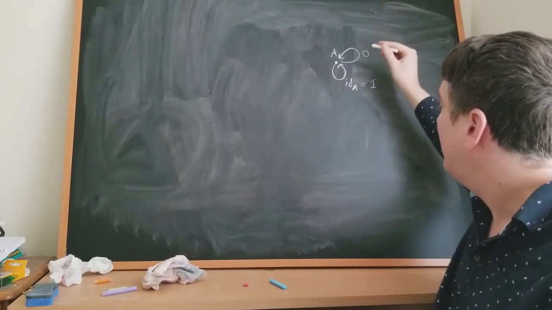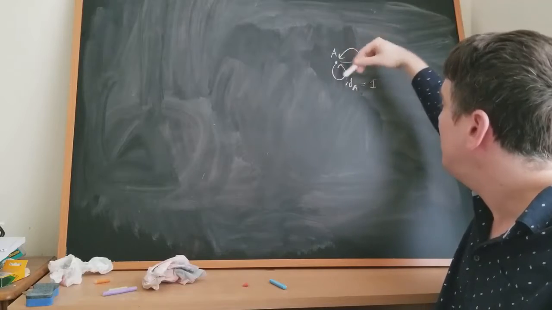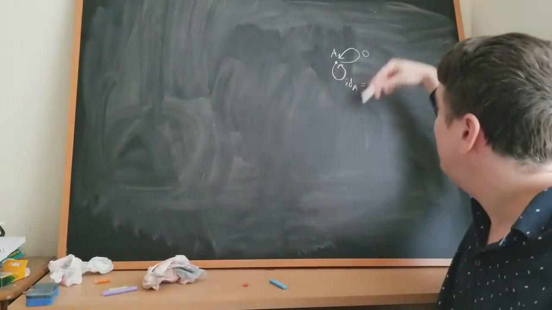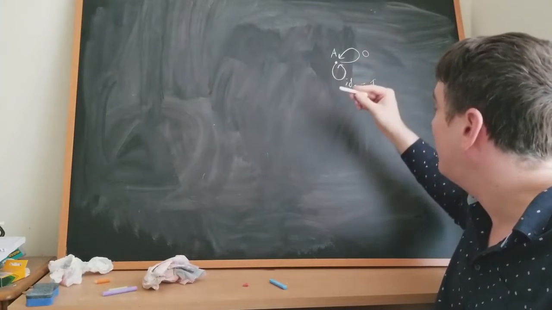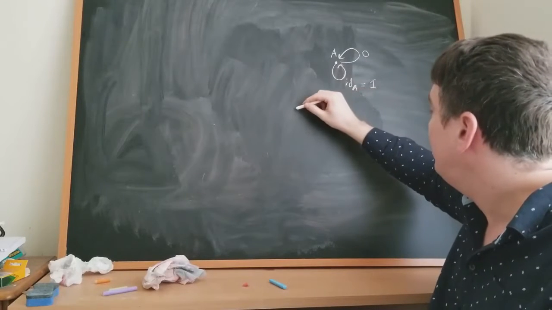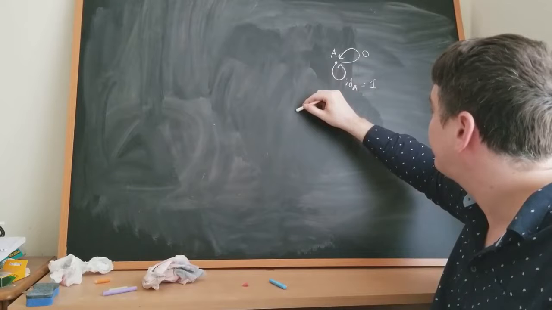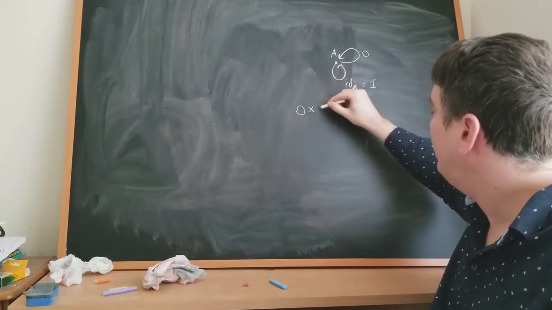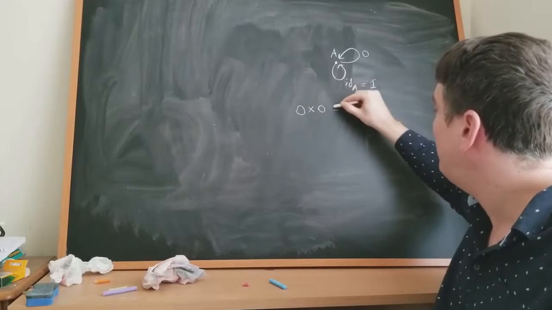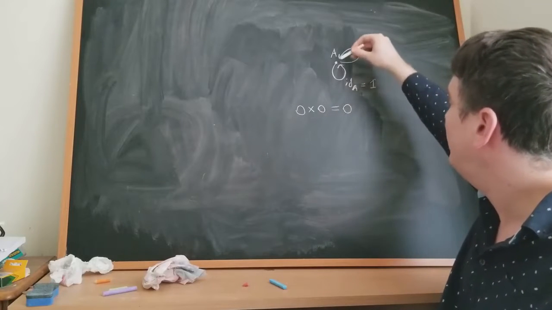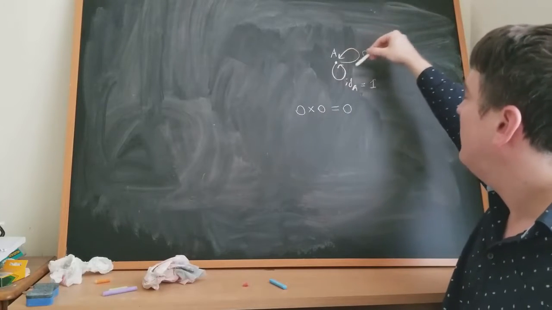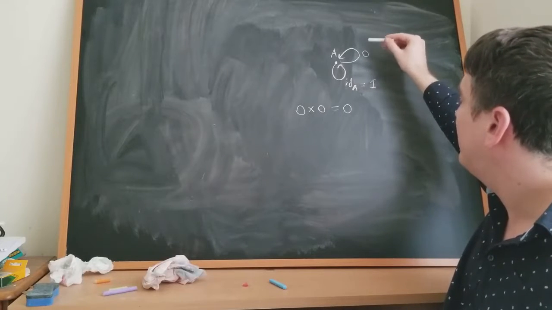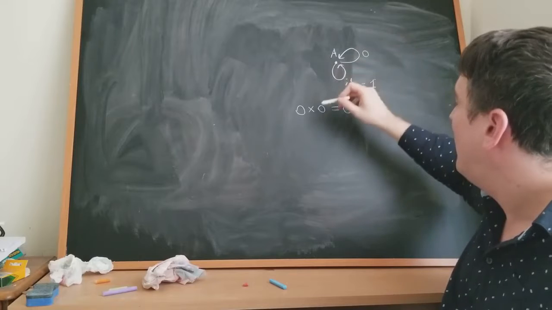Okay, so if we imagine that the arrow composition is multiplication, then it works out quite nicely, because we have 0 times 0 is 0. So in other words, we're imagining the composition of this arrow with itself is itself.